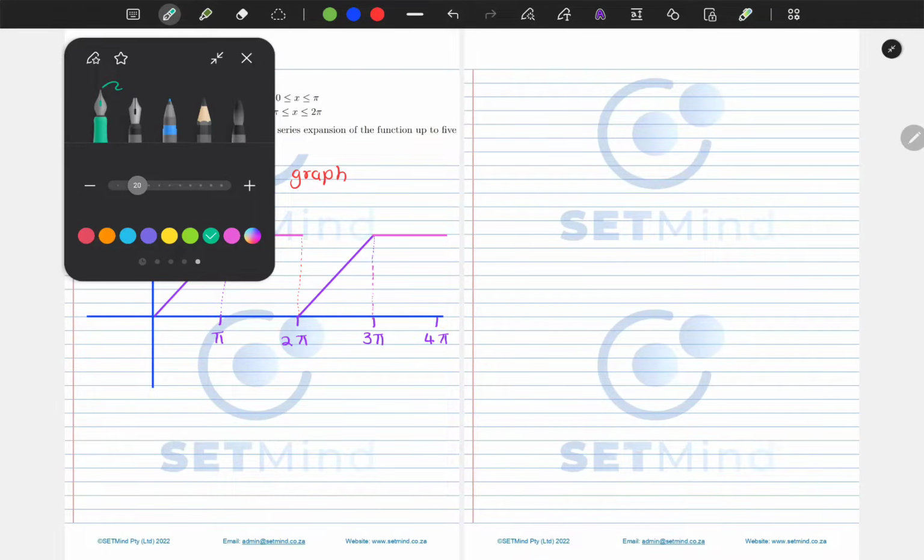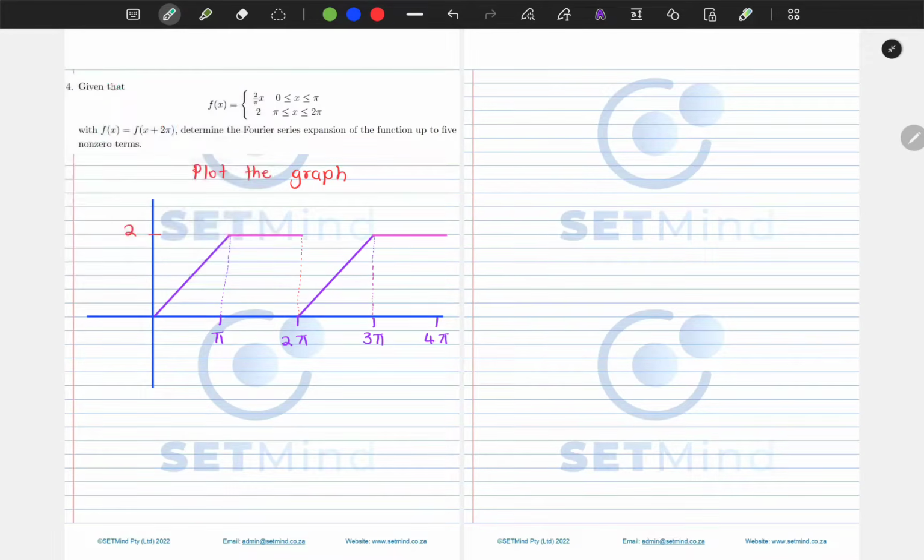But one thing I need you to understand is that whenever you are trying to evaluate your graph, let's say whenever there's a jump like this, if they say evaluate your graph at 2 pi, if you think carefully, you are starting again, so there's a jump. What we usually do is we'll use the mid value here.